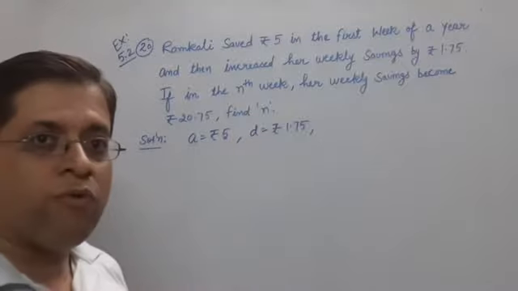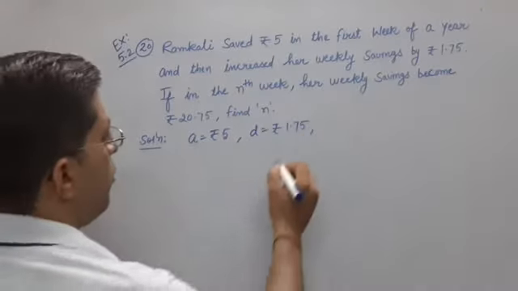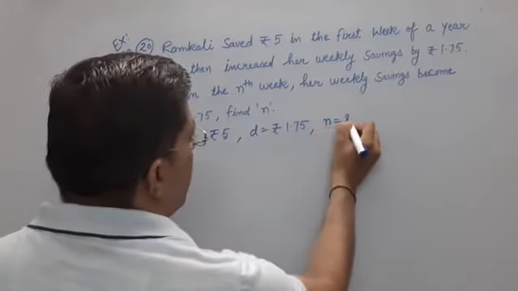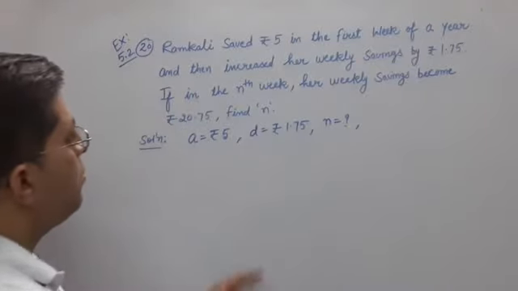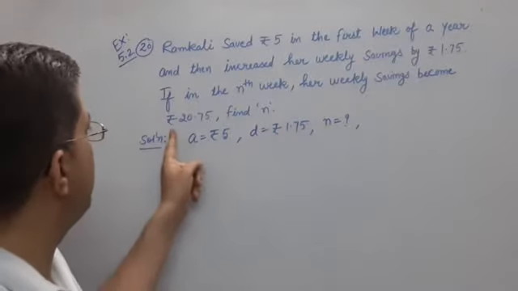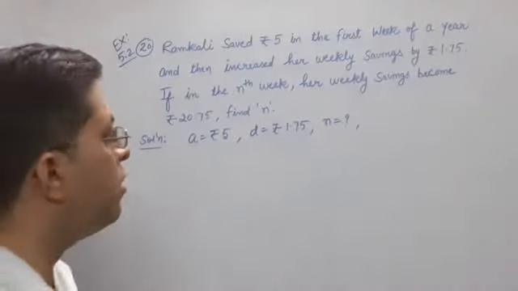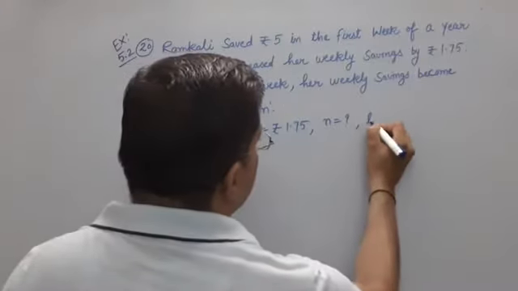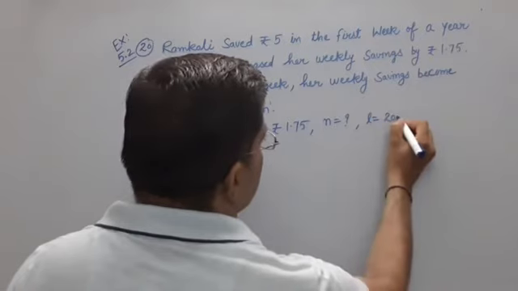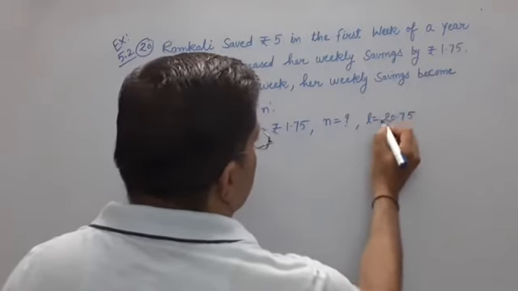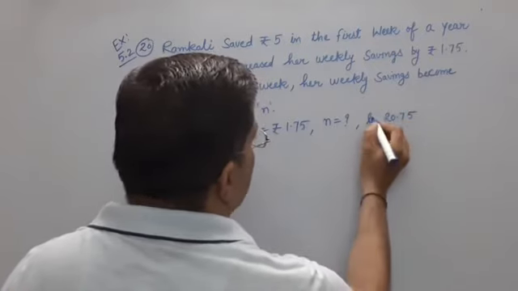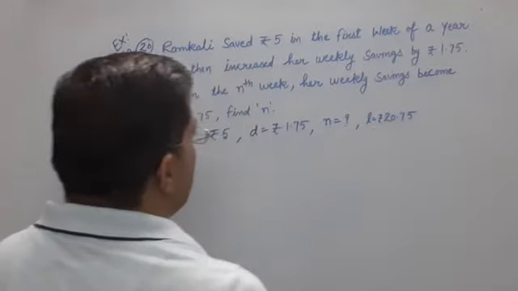Nth week, you have to find n, the number of weeks. Her weekly income becoming rupees 20.75 means L, the last term, is given.